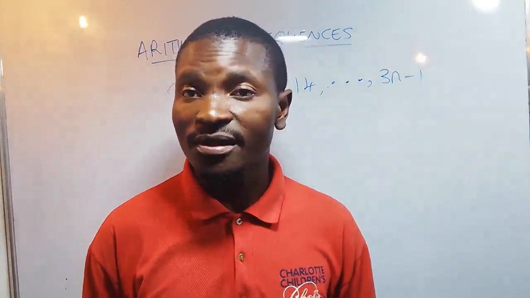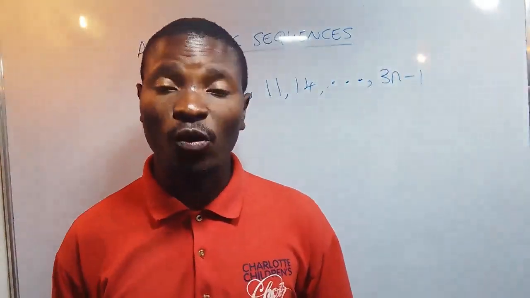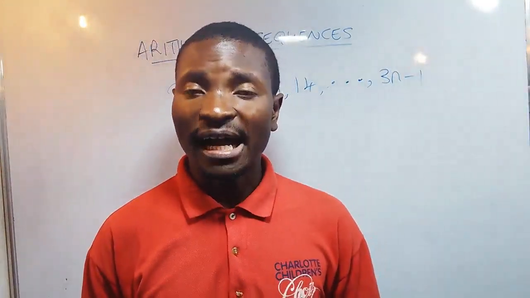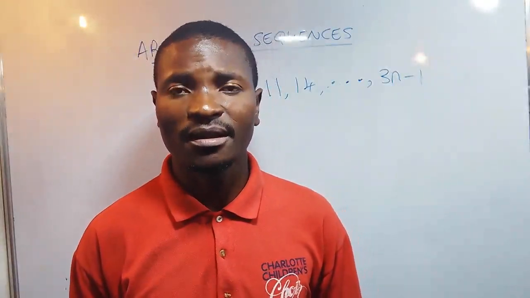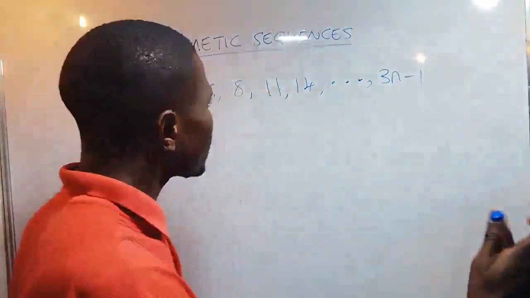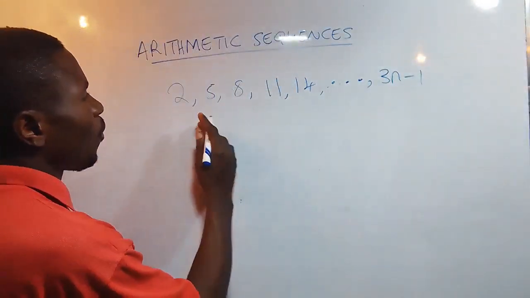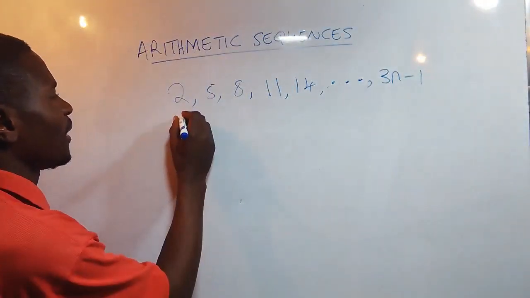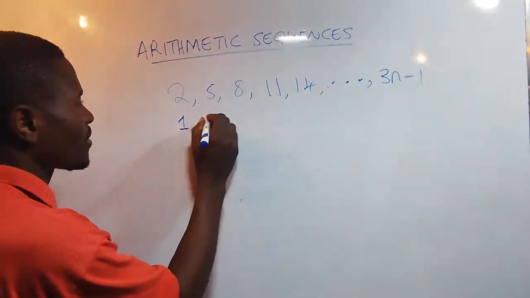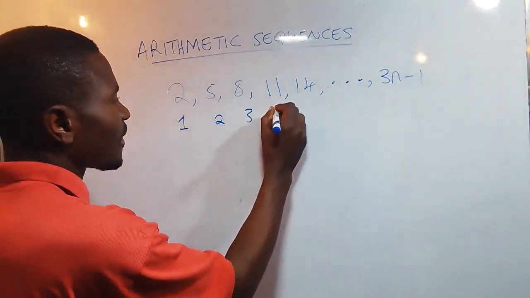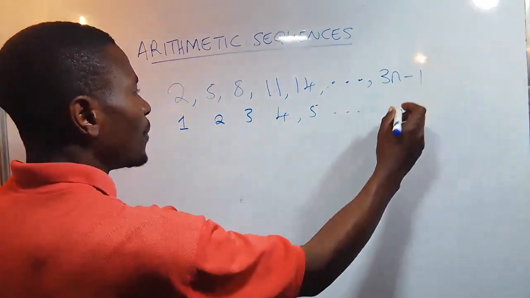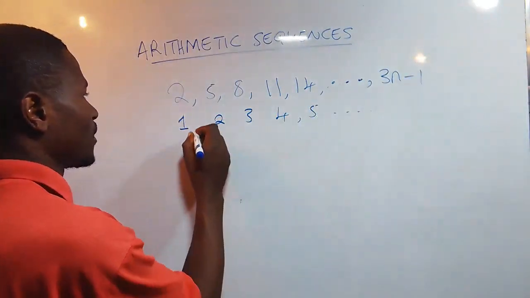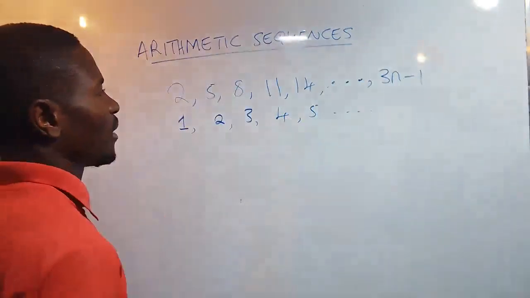If it is not the same, then that kind of sequence is not an arithmetic sequence, but something else. So this is a sequence, and this is the first, second, third, fourth, fifth, up to the nth term.